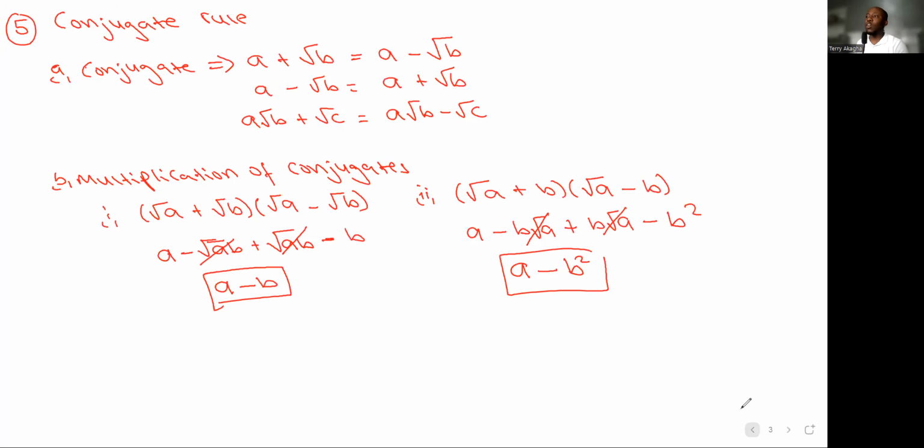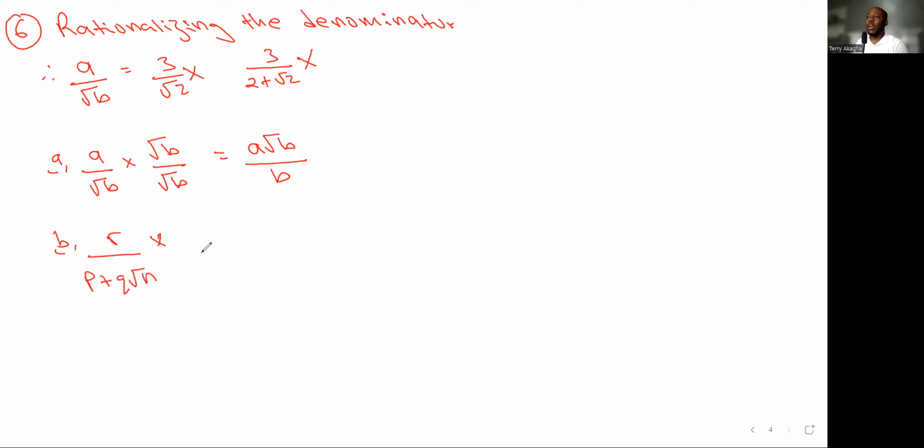You remember for conjugate, I told you that a conjugate of a number or of a surd, could be a compound surd, is that same surd, but a different sign. Is that okay? So the conjugate of the denominator here is going to be P minus Q root N. Are you seeing it? So it'll be P minus Q root N.